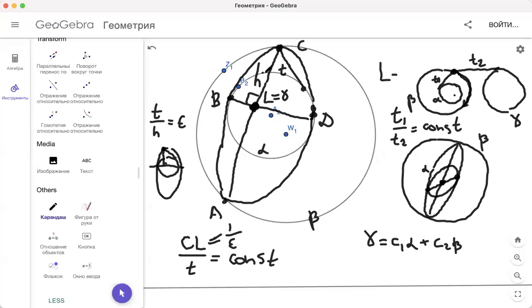But if you consider some other ellipse from this family, and consider some other tangency point C dash, you obtain the same ratio, because this ratio is exactly the ratio of tangent distances to two circles in the same pencil.